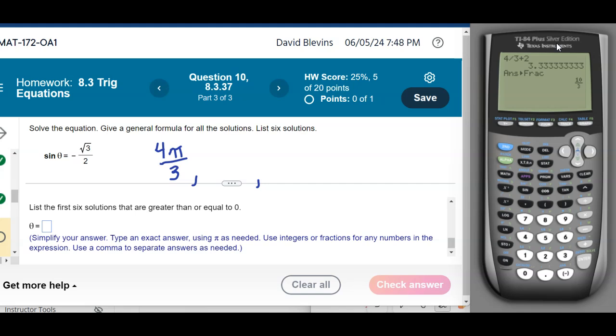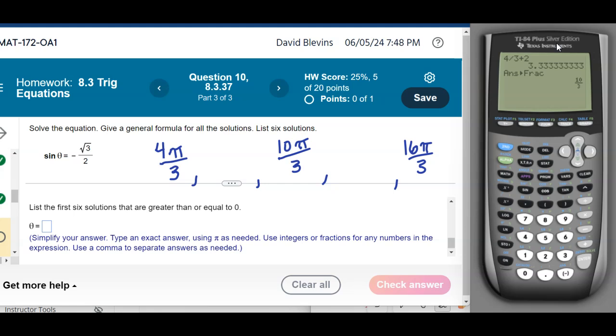So 4 pi over 3, if I add 2 pi, which again is 6 pi over 3, I get to 10 pi over 3. Comma. The next one would come from 5 pi over 3. I'm leapfrogging that one and doing the last one from 4 pi over 3, which, adding 6 pi over 3 to this, I'd have 16 pi over 3. So there's 3 that came from the 4 pi over 3.